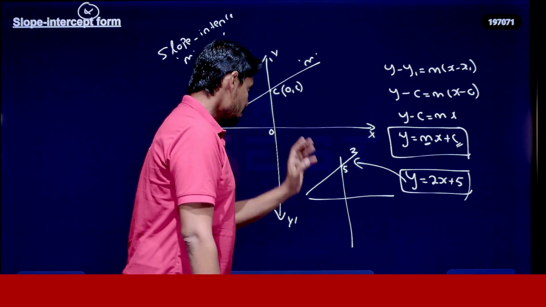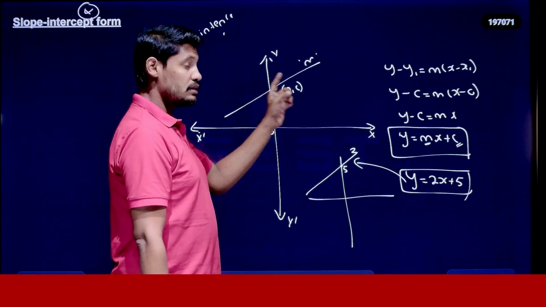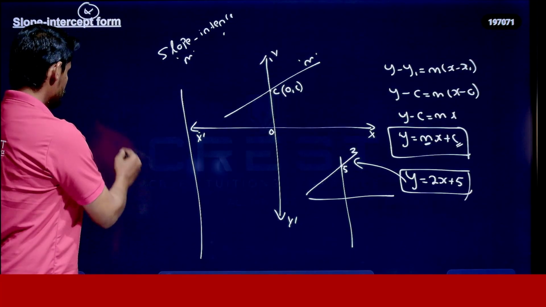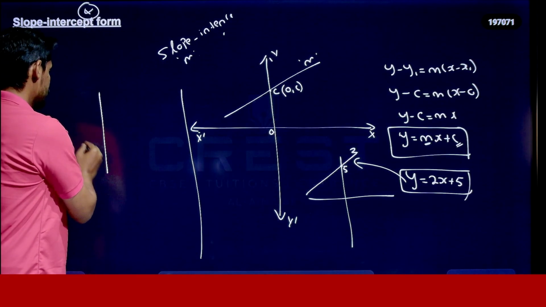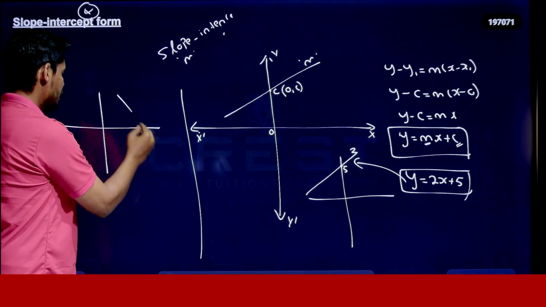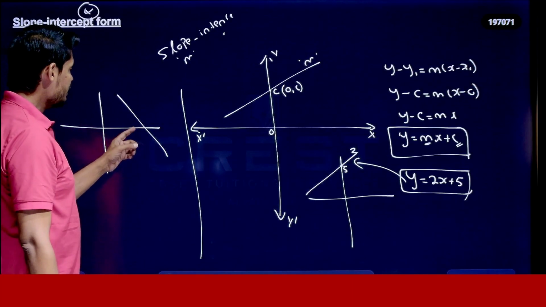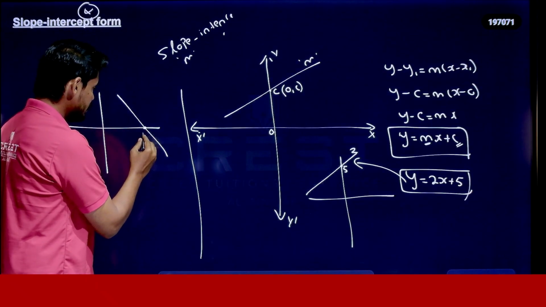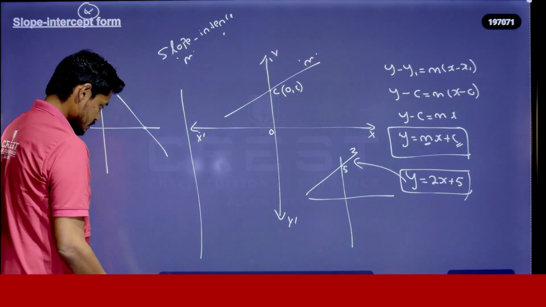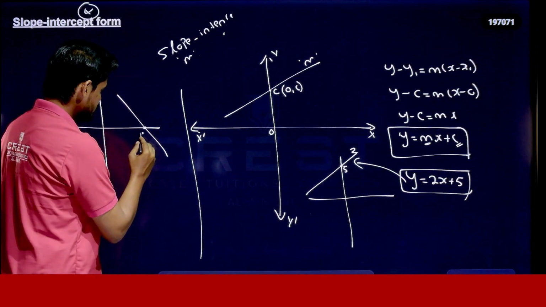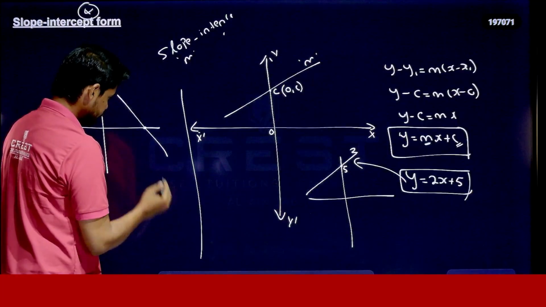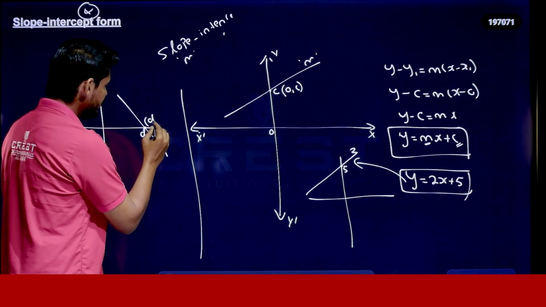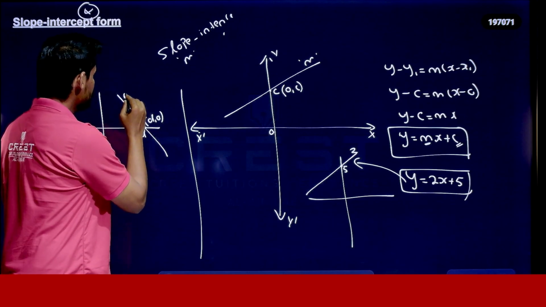Now, we have discussed y-intercept form. There may be a chance of x-intercept also. Suppose I draw here an x-axis, y-axis. Suppose I have a line here, the line cuts the x-axis, and suppose this point is D. And what about the coordinate of this point? Coordinate will be D, 0, and the slope is given, m.